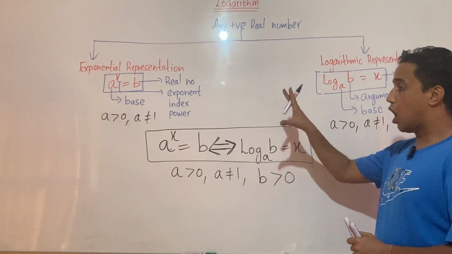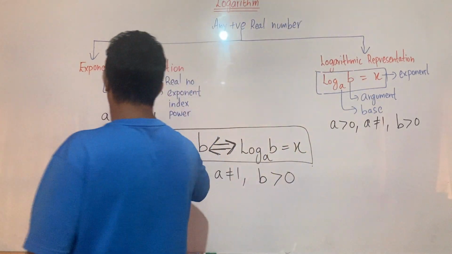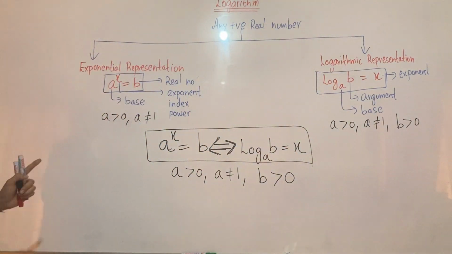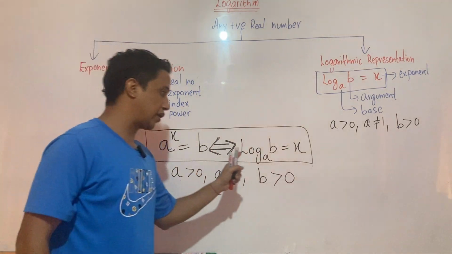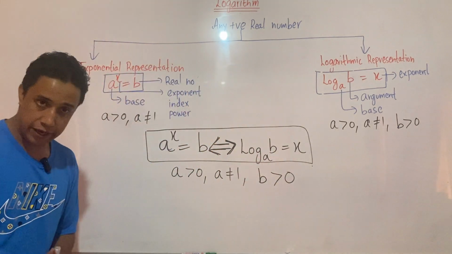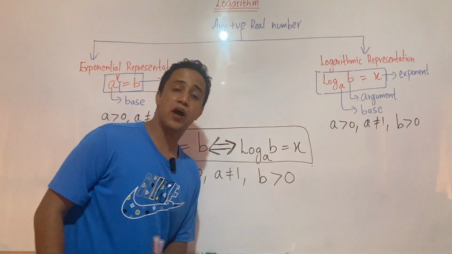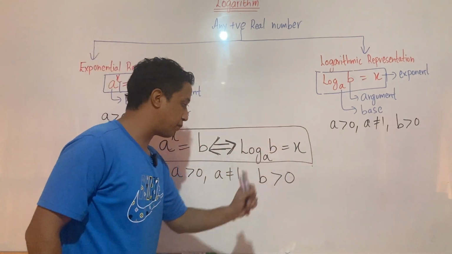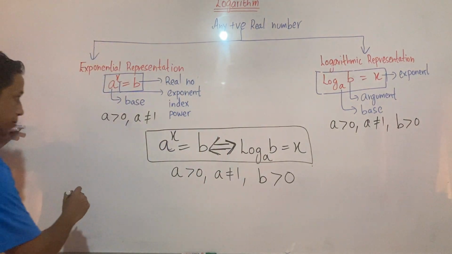So this represents the concept of logarithm. If you have to define logarithm, you have to say that the logarithm of a positive number, we can write it down here.